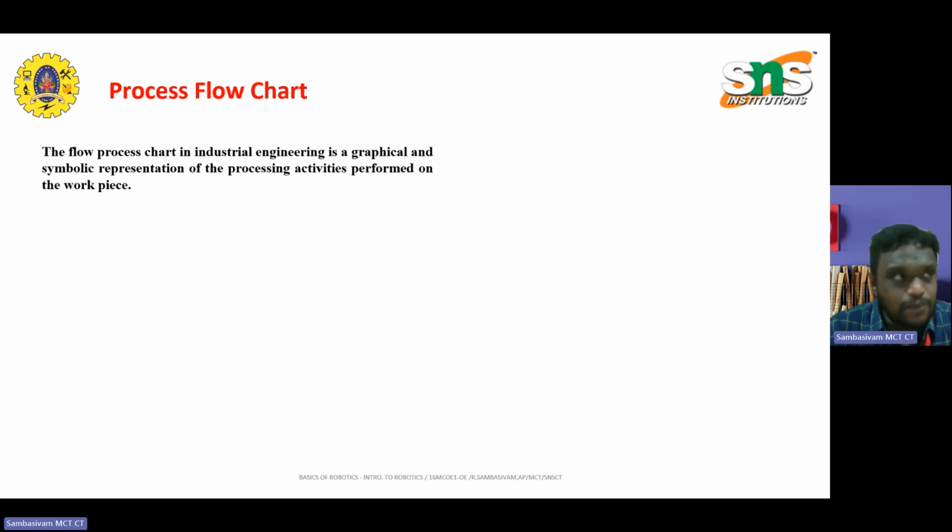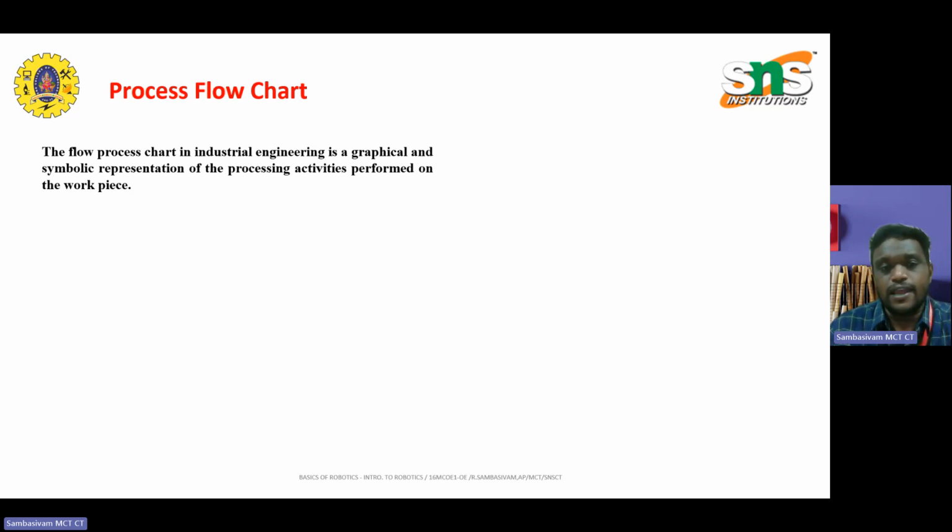So it sets you up for success with an incremental or iterative process. If one part gets blocked, you work on the next step and combine those into a working whole. This is how the flowchart process is stated, from the start to the end, and also with decision blocks. In industrial engineering, the process flowchart is a graphical and symbolic representation of the processing activity performed on the workpiece.